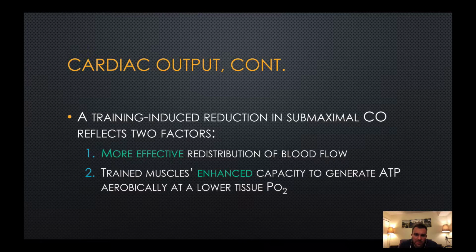And trained muscles enhance capacity to generate ATP aerobically at lower tissue partial pressure of oxygen. So it's a lot easier for it to pull oxygen in and push out byproduct than it was previously when you were an untrained muscle. So it's a lot easier for it to take in that fresh blood.